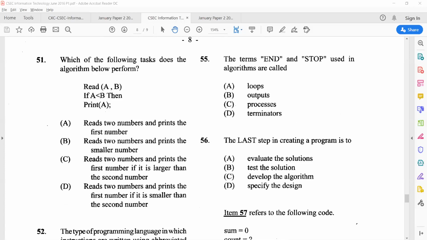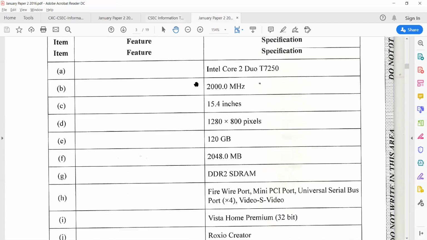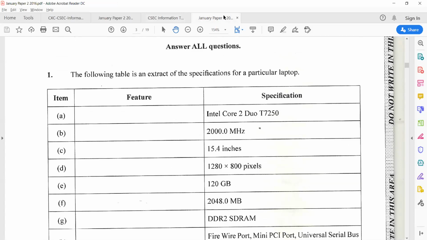Okay, the next thing you want to move to is January paper 2, 2016.